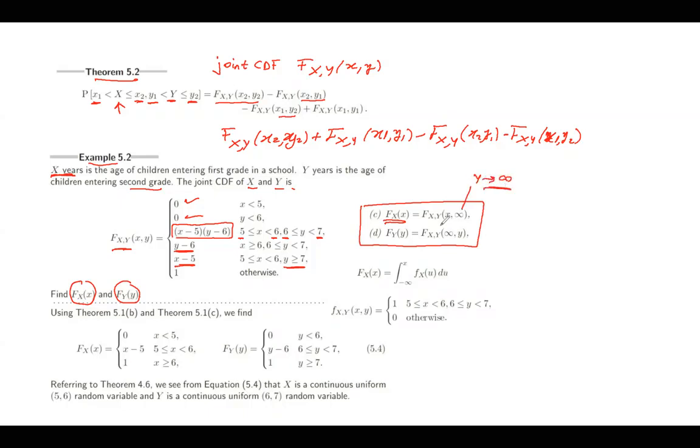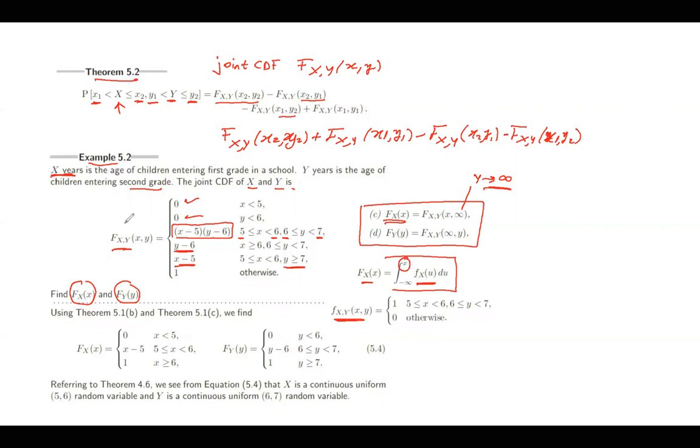Y goes to infinity means that we have to take the integration of f_X(u) from minus infinity to the value of x. This refers to what? We simply integrate the joint PDF of X and Y.